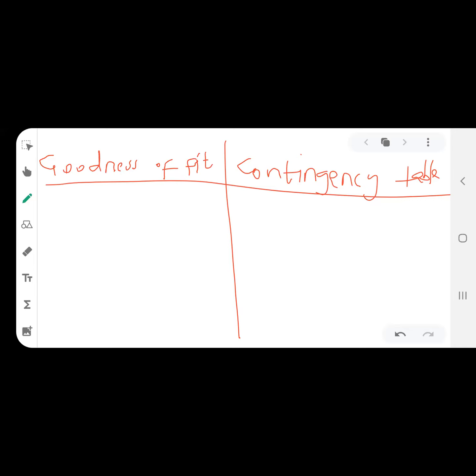Under the goodness of fit, the first thing you have to know is that we will be dealing with a multinomial experiment. That is the goodness of fit.